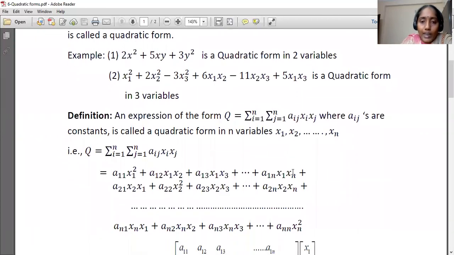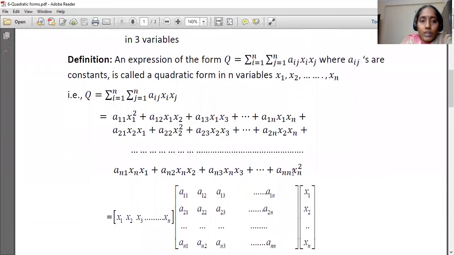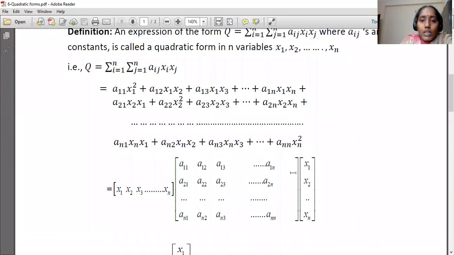This can also be expanded like this: x1, x2, and so on xn, then the matrix a11, a12, a13 and so on a1n, a21, a22, a23 and so on a2n, at last an1, an2 and so on ann, then x1, x2, and so on xn.